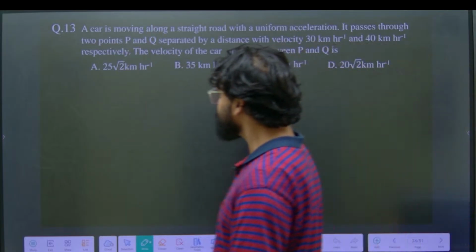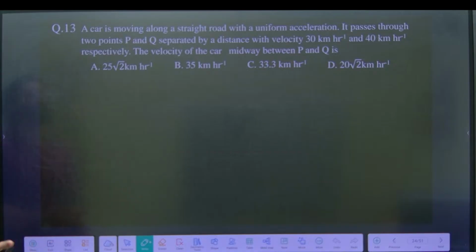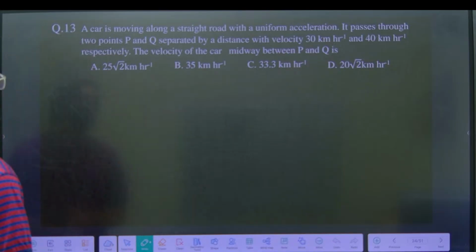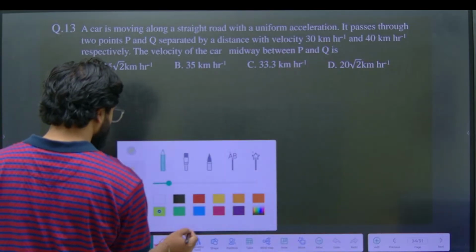Now, a car moving along a straight road with uniform acceleration, it passes through 2 points P and Q separated by a particular distance with velocity 30 km per hour and 40 km per hour respectively, the velocity of the car midway. Okay.